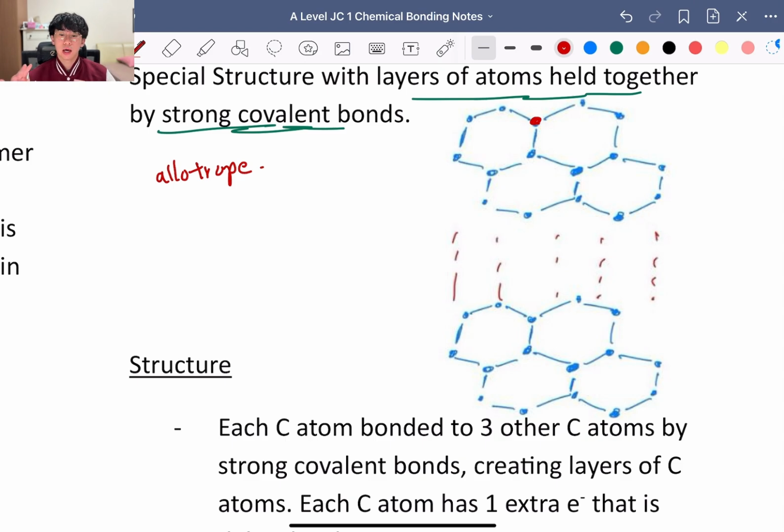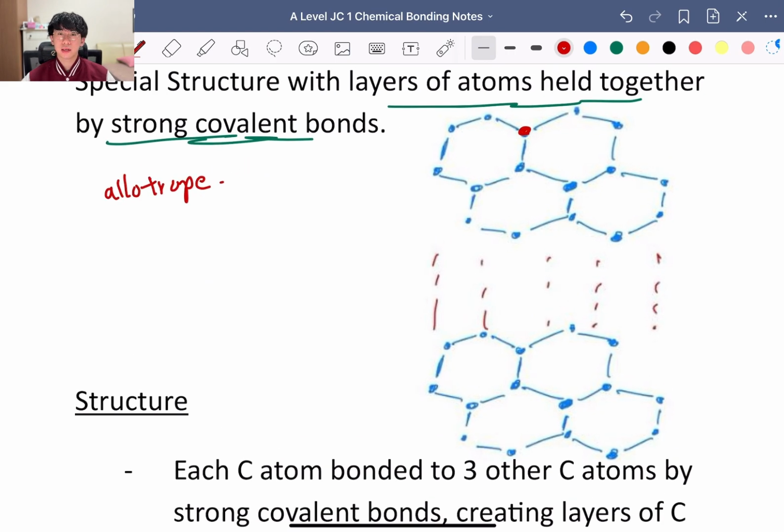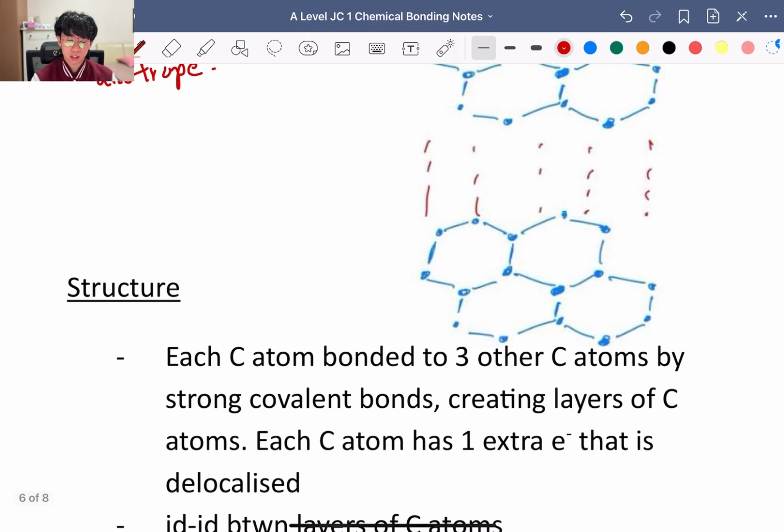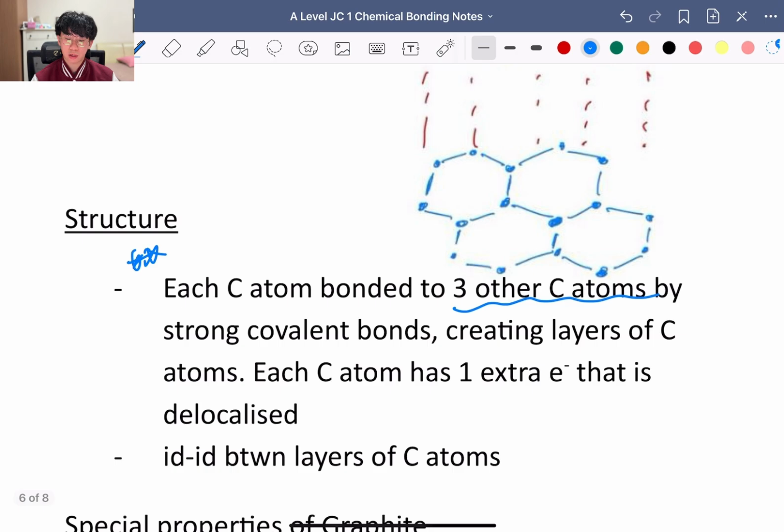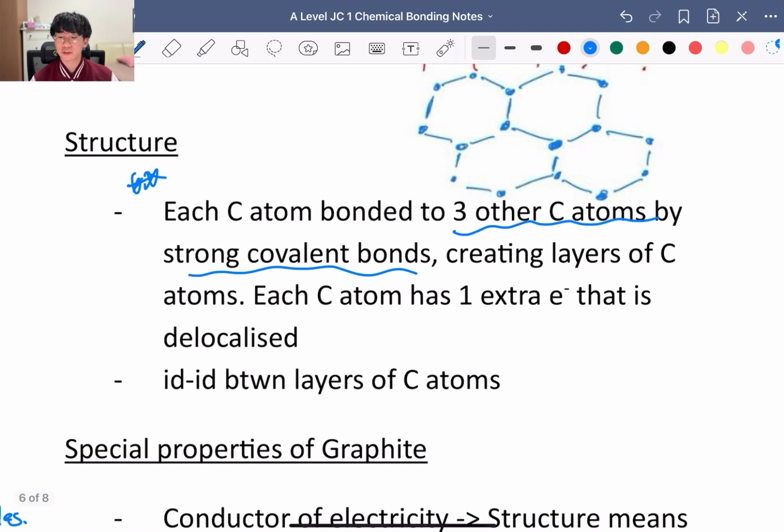And this allotrope of carbon forms 3 bonds. So do take note of this structure because they love to ask, and you have to be able to explain the structure. So there are 3 other carbon atoms, held by strong covalent bonds, and they create these layers of carbon.